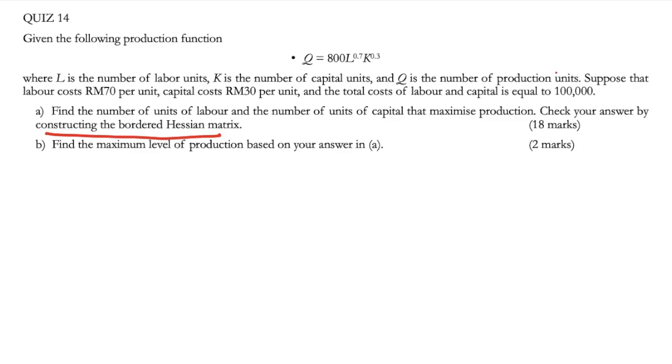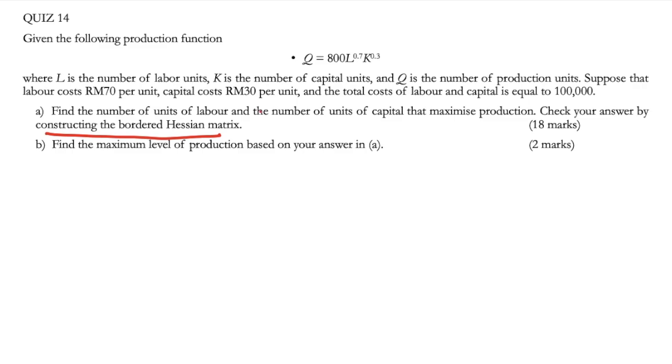Suppose that labor cost is 70 ringgit per unit, capital cost is 30 ringgit per unit, and the total cost of labor and capital is equal to 100,000. A, find the number of units of labor and capital that maximize production. Check your answer by constructing the bordered Hessian matrix. B, find the maximum level of production based on your answer.